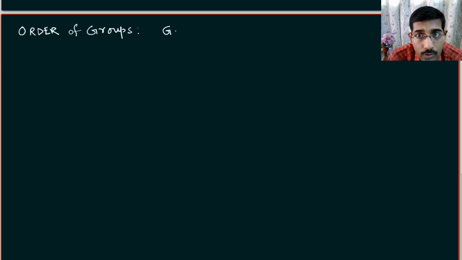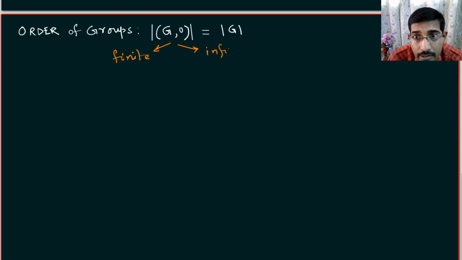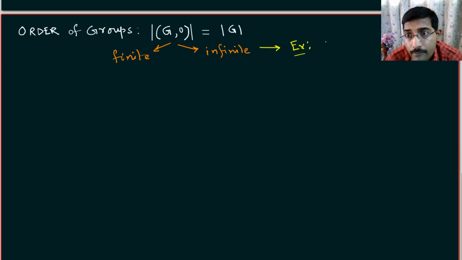So for a group G, we write it in this way, the order is the number of elements in G. As you can see, the order could be either finite or infinite. Some examples of such infinite groups, we can find that this is an infinite group of infinite order.